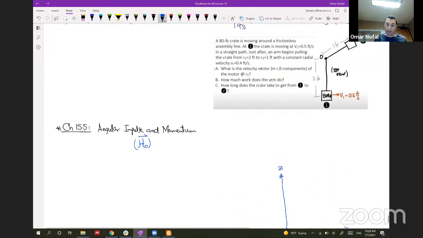And the angular momentum is defined as the moment of the linear momentum of a particle about the point of interest.